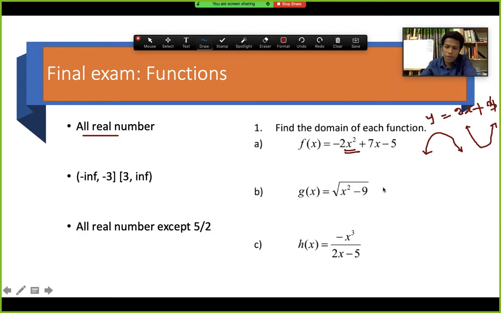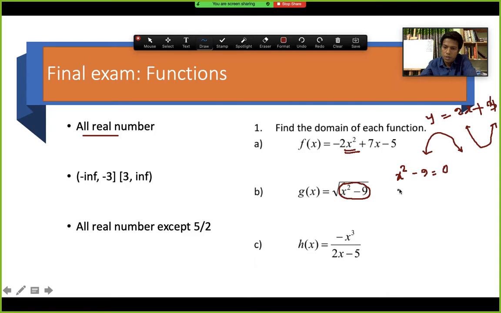For this square root function, what will be the domain? You will notice that whatever we have within our square root, the rule is that thing has to be greater than or equal to 0. Okay, this thing has to be greater than or equal to 0. So let's consider where this function is equal to 0, x square minus 9 equals to 0.